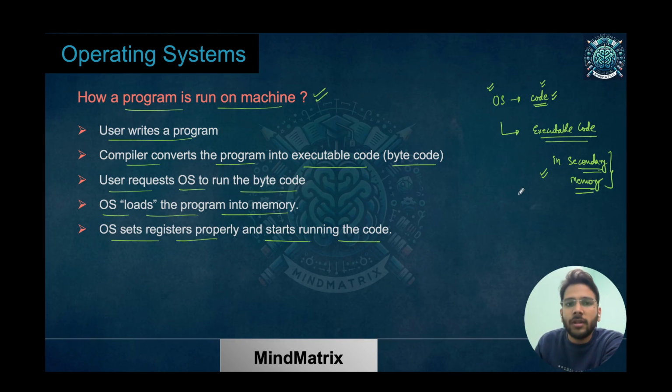When we switch on the computer, the bootloader program, which is there in the ROM, read only memory, knows the address of the executable file of the operating system which is there in the secondary memory.